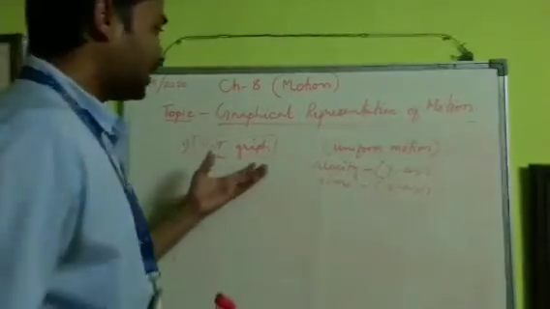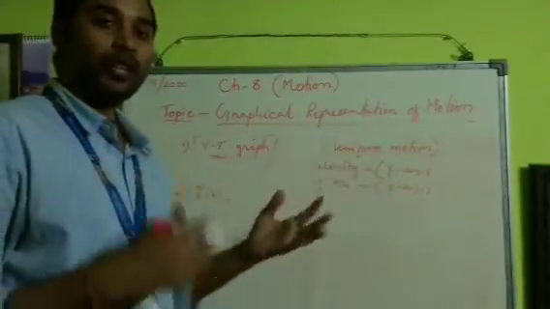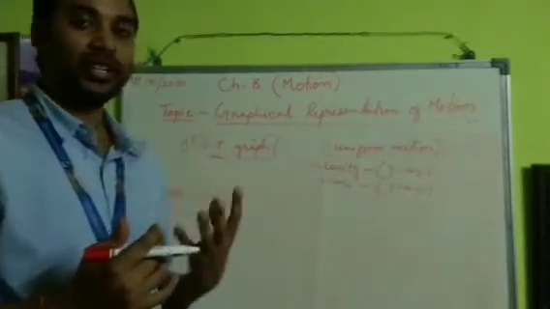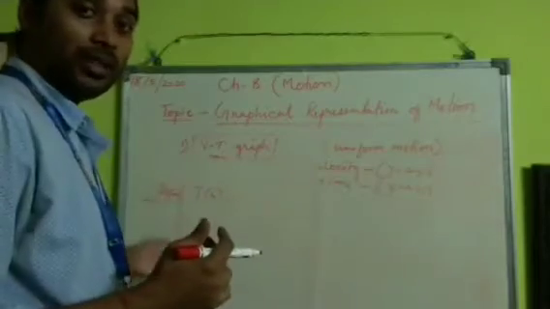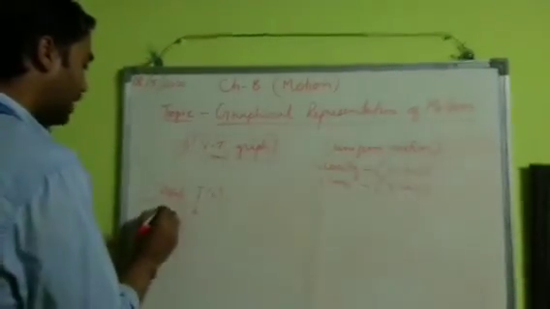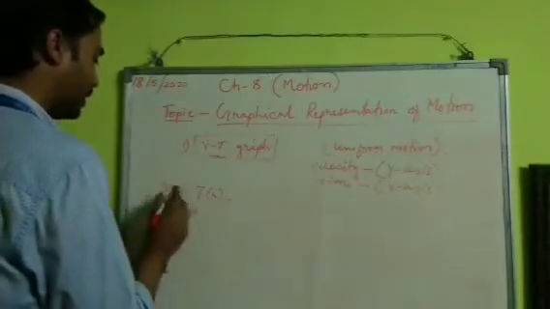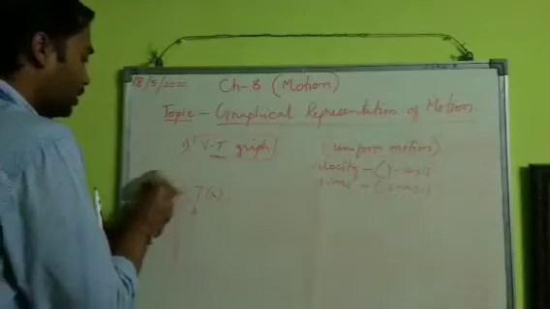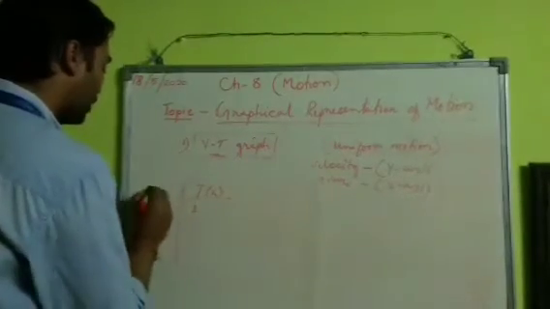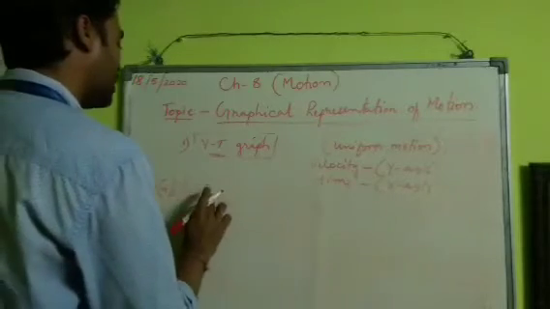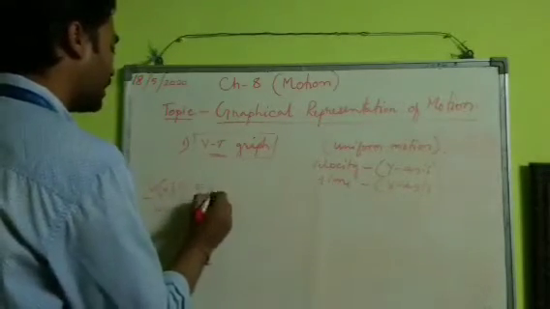Now since it is a velocity time graph for a uniform motion, that means the velocity is constant. Velocity is not changing throughout the journey. So if it is 20 meter per second, now let us write down the units here. Velocity, let the unit be meter per second, and let us take the unit of time as second this time.